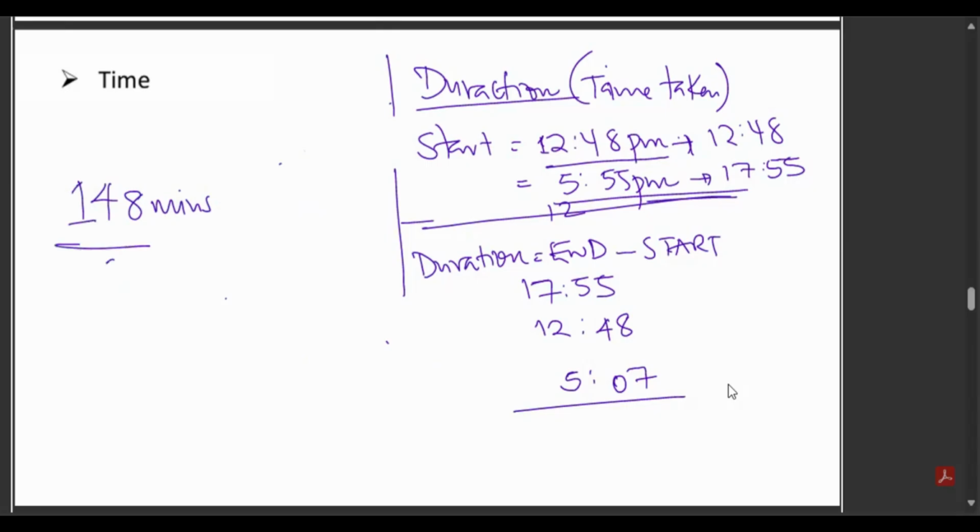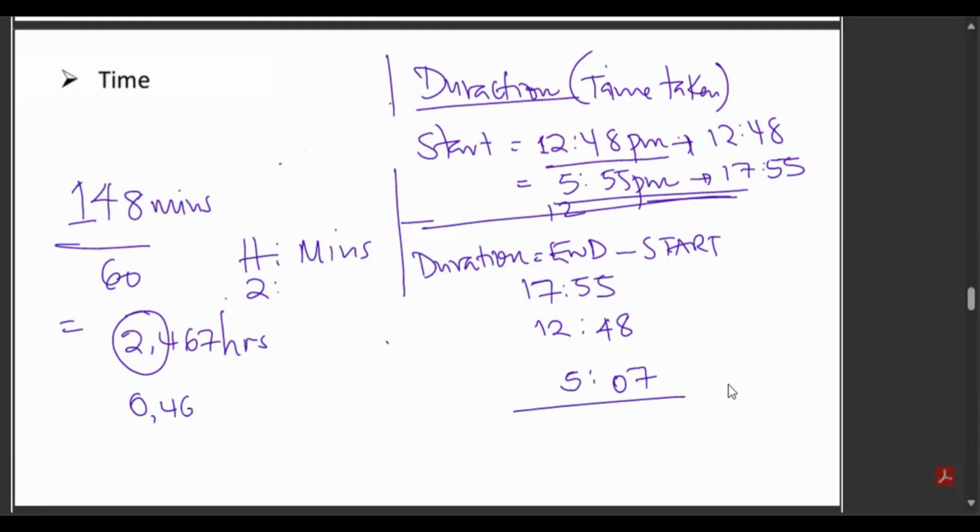We divide by 60. When you divide by 60, it will give you a decimal, 2.467. These are hours. But we want the answer to have hours and minutes. Of the full hours, we have 2 hours. So what's remaining if you take away the 2? You remain with 0.467. Multiply this by 60.